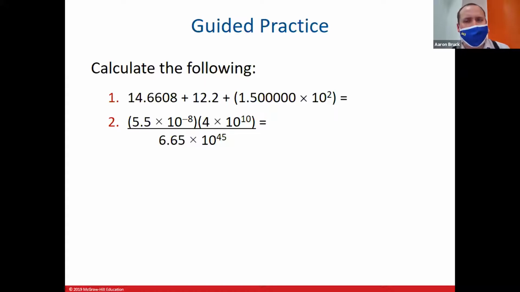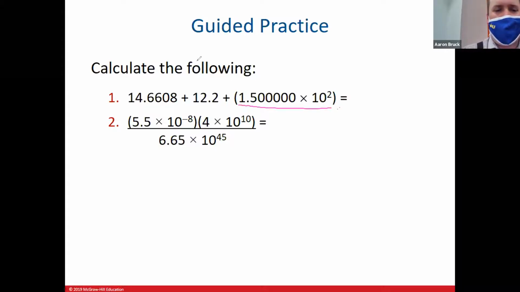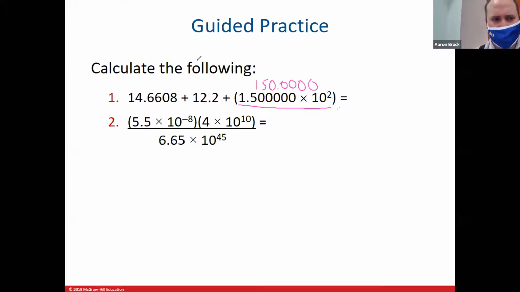So my first problem: 14.6608 plus 12.2 plus 1.500000 times 10 to the second. Now, this scientific notation here, we can bring out, it would be 150.0000.